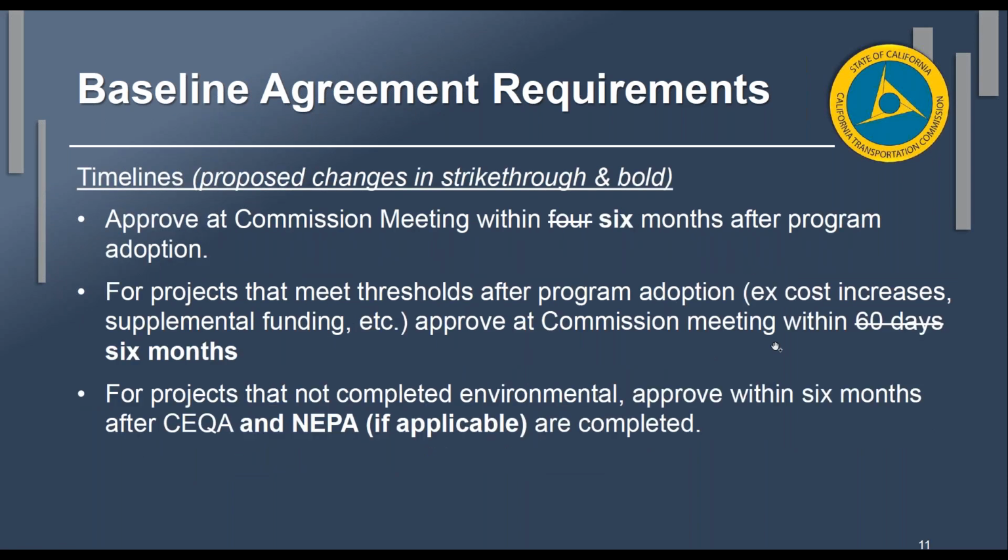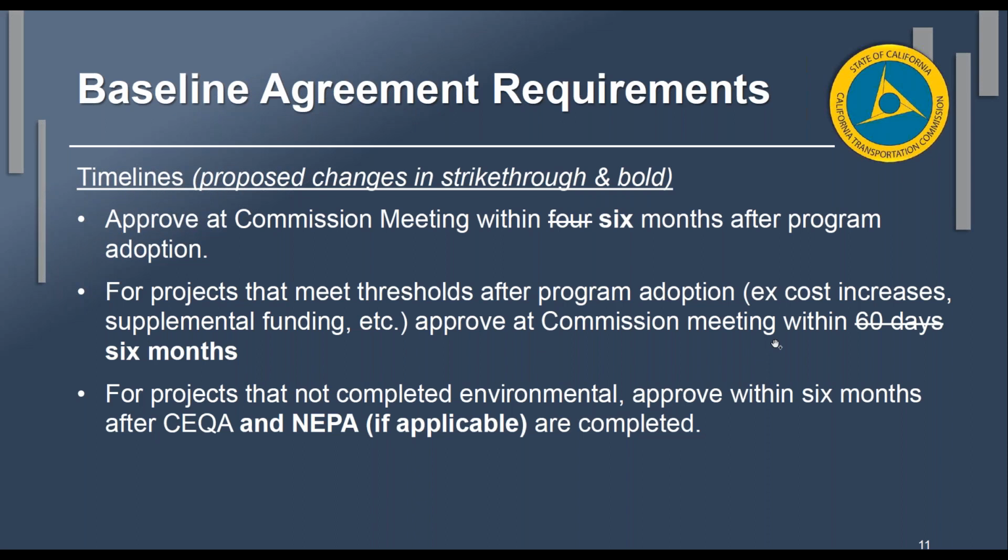All right, so let's go ahead and move on to slide number 11. These are the timelines that we currently have, and I have provided proposed changes in strike through and bold. Some of these are from having previously worked with the baseline agreements in the past 2 cycles, taking into account timeframes and comments while working through those first 2 cycles.